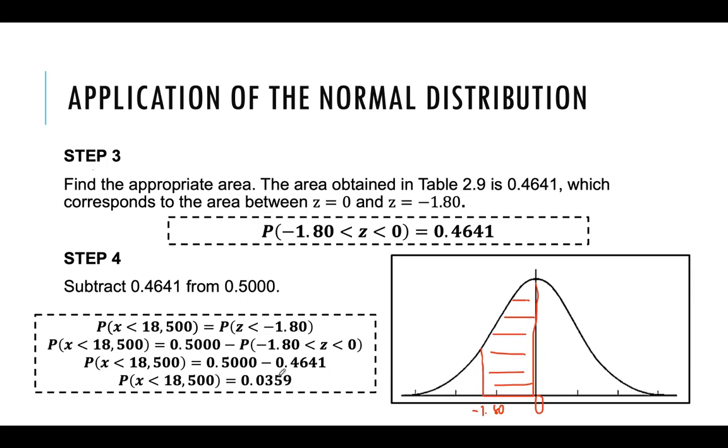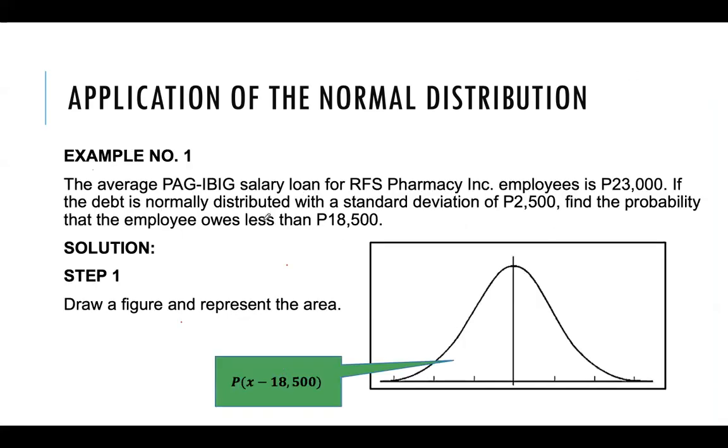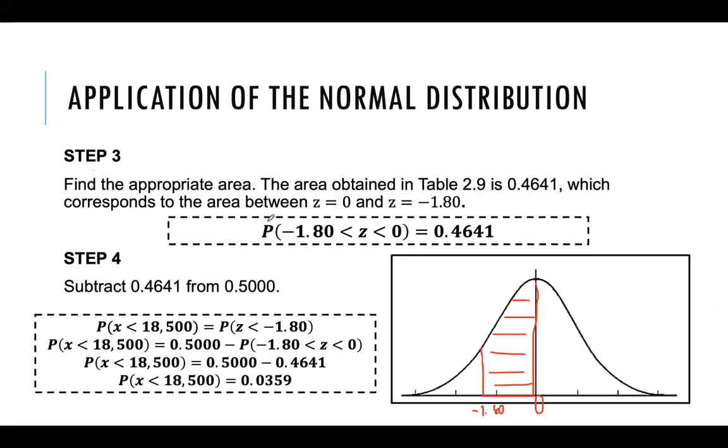Hence, class, we can conclude that the employee owes less than 18,500 with a probability of 3.59%.